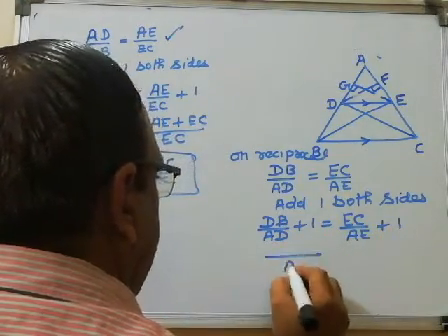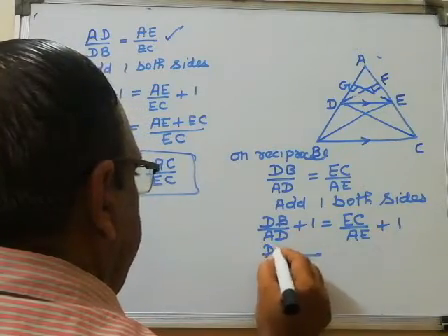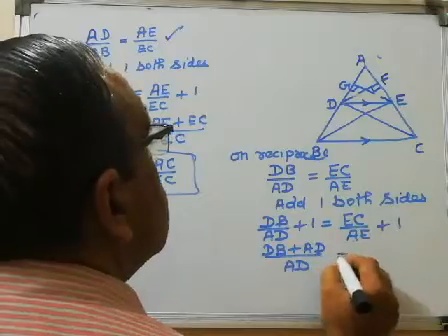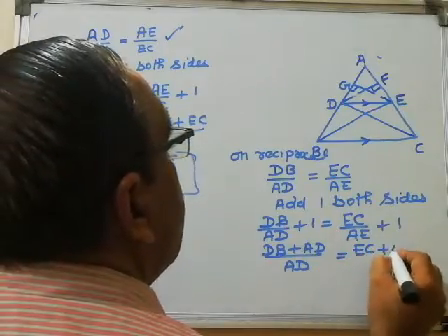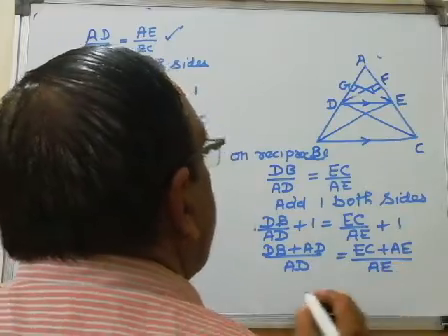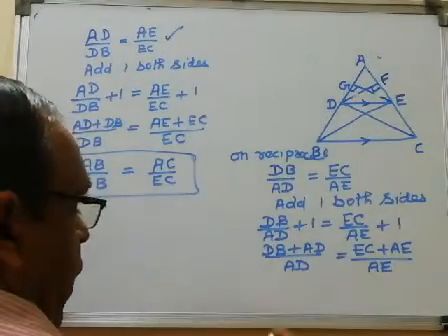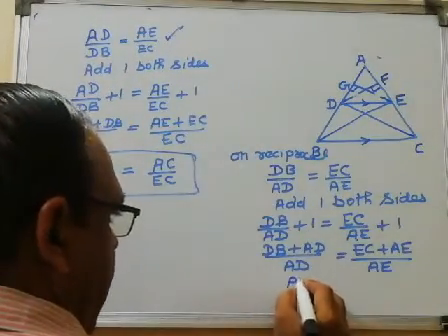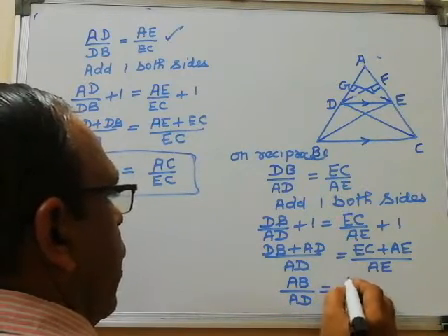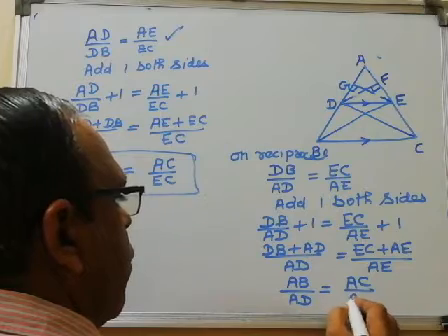Take LCM as AD, DB plus AD, EC plus AE upon AE. DB plus AD is again AB over AD is also equal to AC over AE.